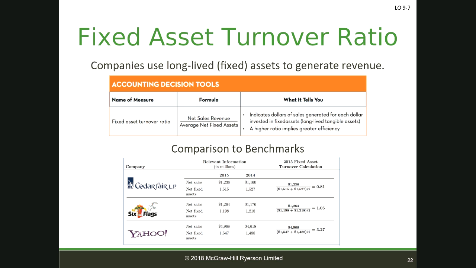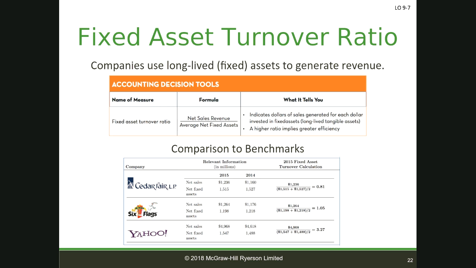Okay, so if we look at the right-hand column, it says what it tells you. It says indicates dollars of sales generated for each dollar invested in fixed assets. Fine, well, you do have a ratio. Okay, so that's true. And then it says a higher ratio implies greater efficiency. So if we have an average investment in net assets of, let's say, $1 million, and our net sales revenue is $2 million, that's a 2-to-1 ratio.